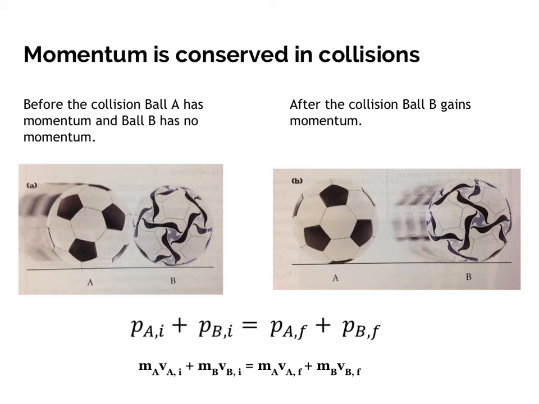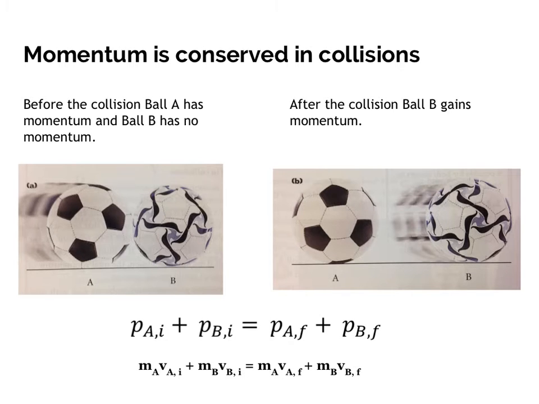After the collision, though, ball B gains momentum. So if we had the masses and the velocities, which remember that's what momentum is, it's mass times velocity, we could find what the final momentums would be there.